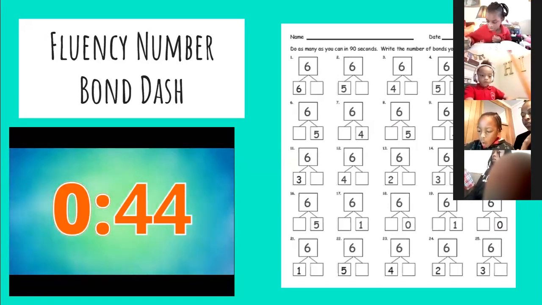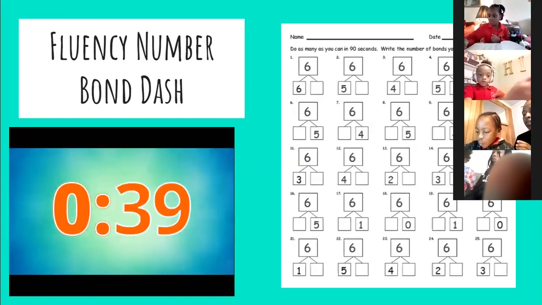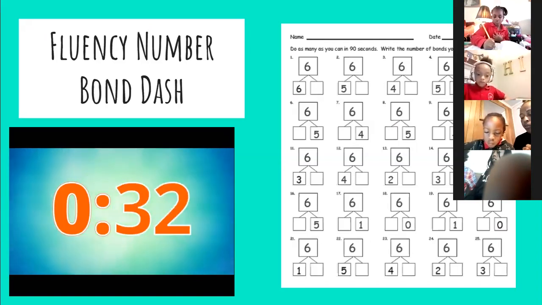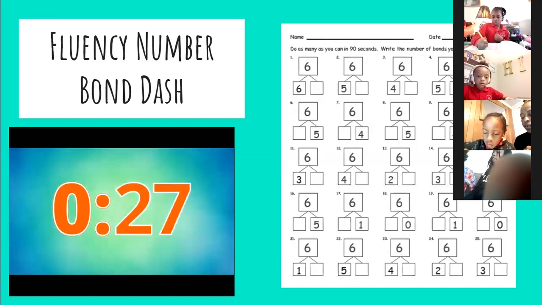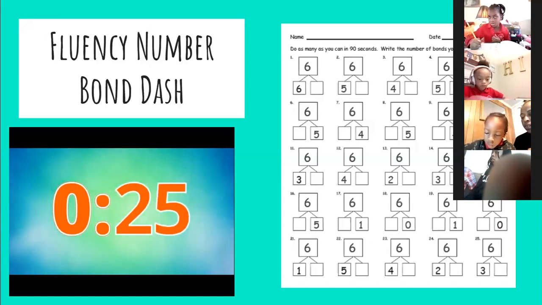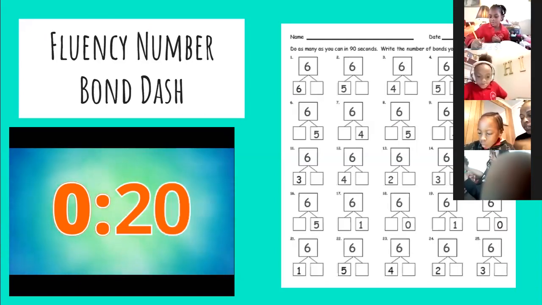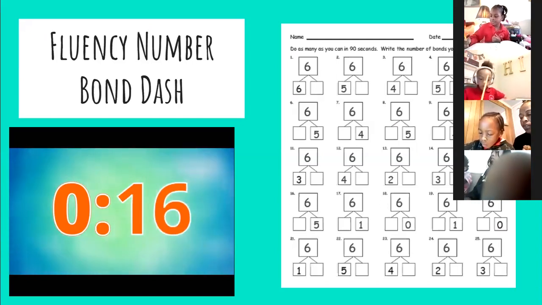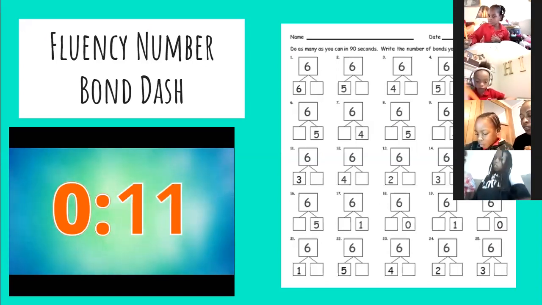Remember, we've done these number bonds before. So just take your time to think. Make sure you're filling out the part. Who else? I see Pierre counting and Chloe working. Azar and Calvin are focused as well.